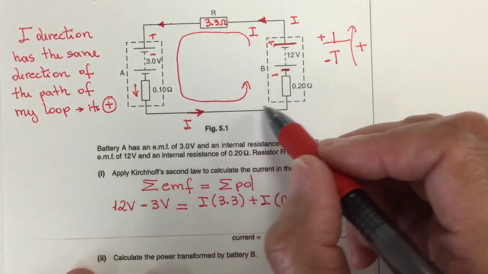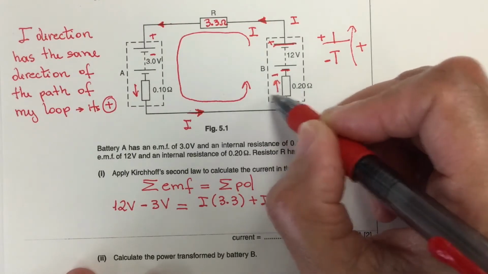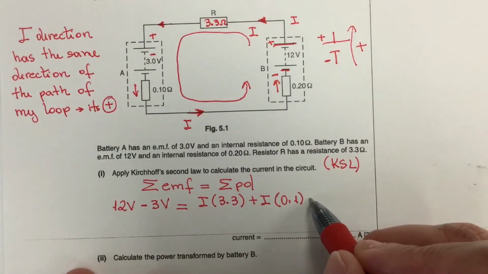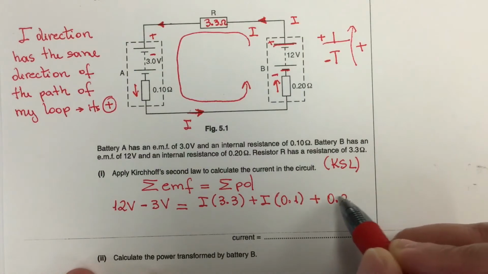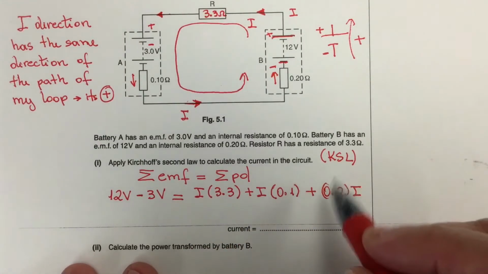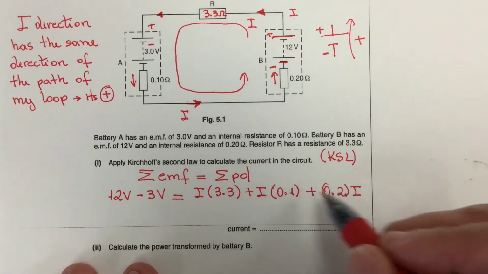And the next one, my current is flowing this way, the same direction as my path, so plus 0.2 I. Here the order doesn't matter, if you have the resistance first and the current last.